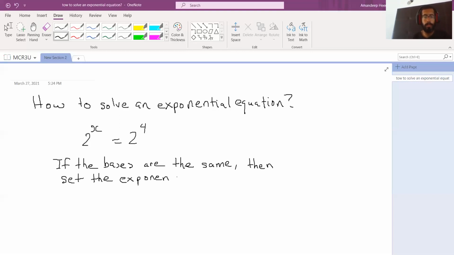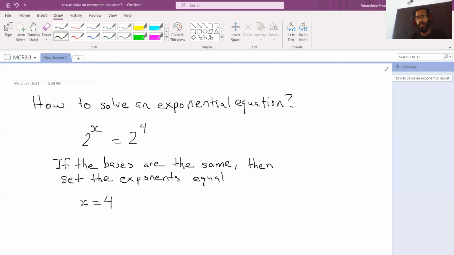Because the left-hand side has a base of 2 and the right-hand side has a base of 2, you can just set the exponents equal. So x equals 4. That's it. Because the bases are the same, their exponents must be the same. So x will equal 4.